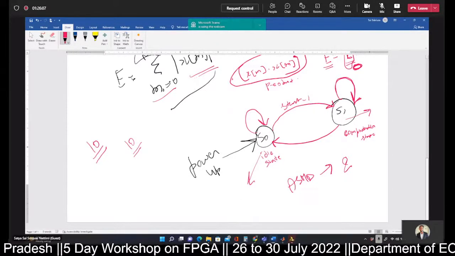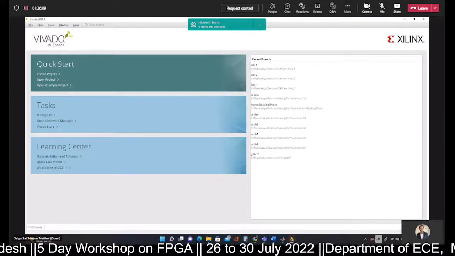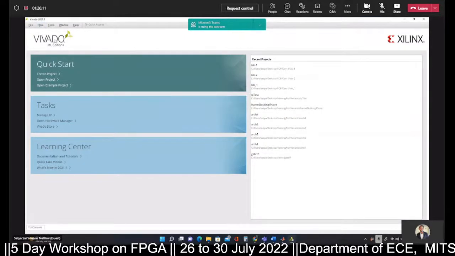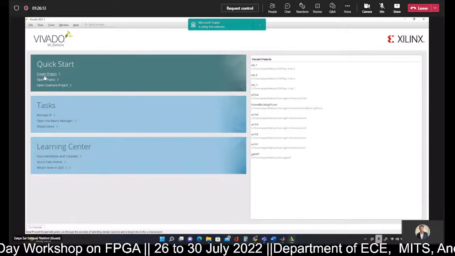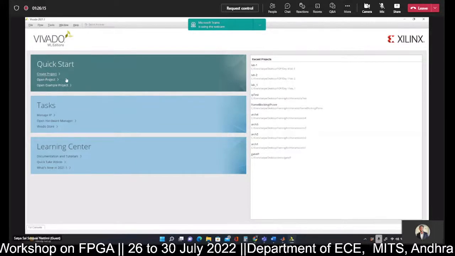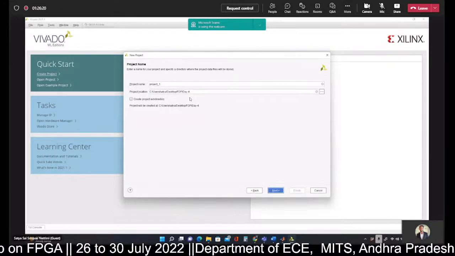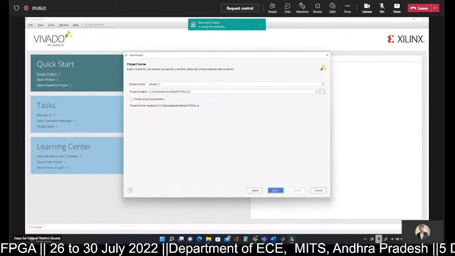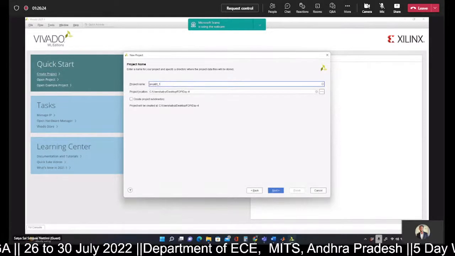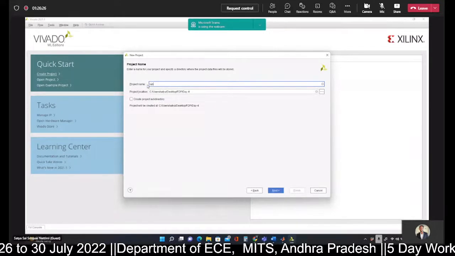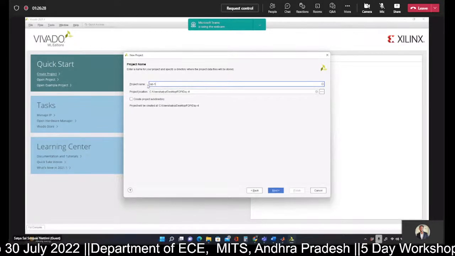For this purpose, I ask you to open Vivado and create a new project. Maybe you can create it under the FDP folder, create a day 4 folder, and in day 4 create a lab 1 folder.